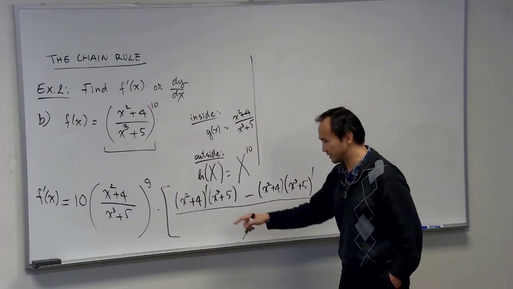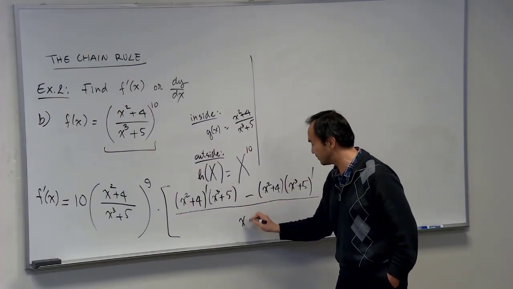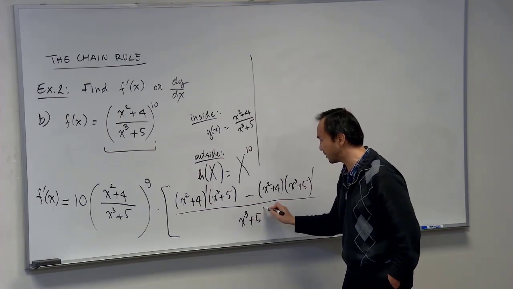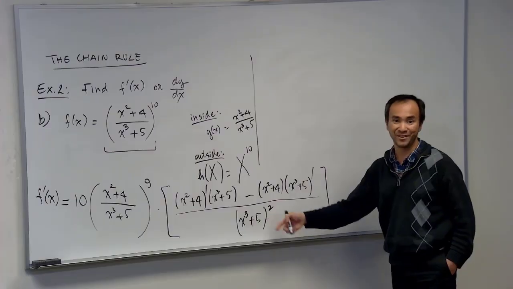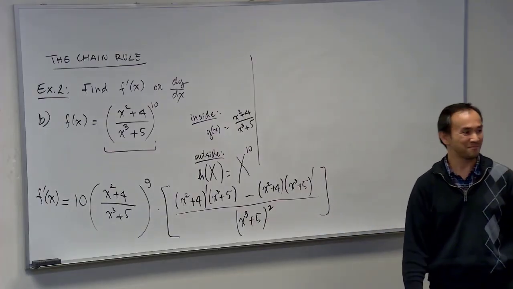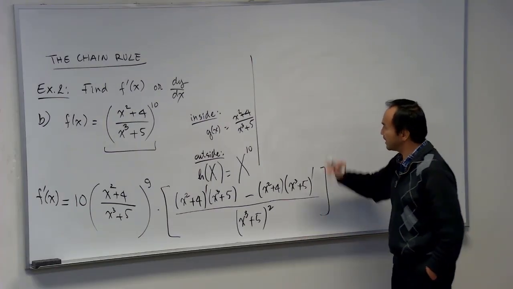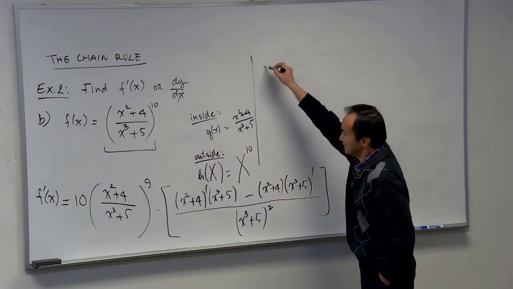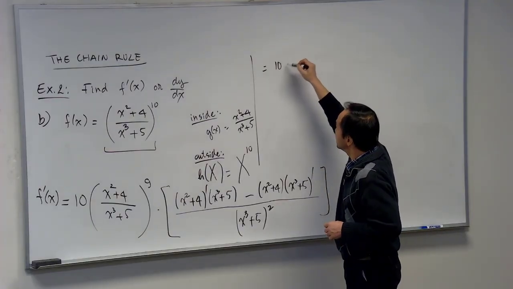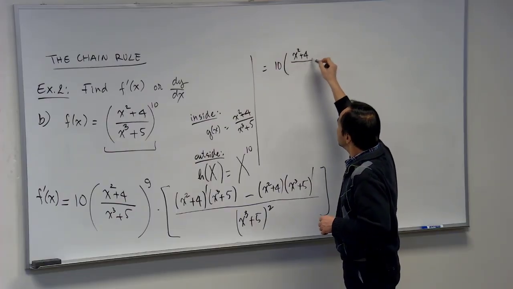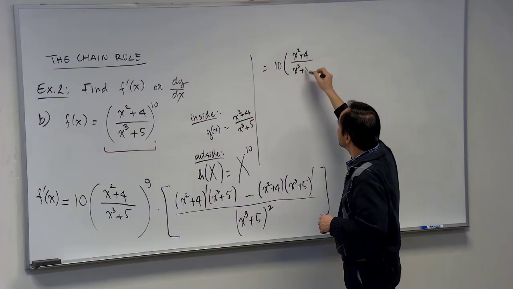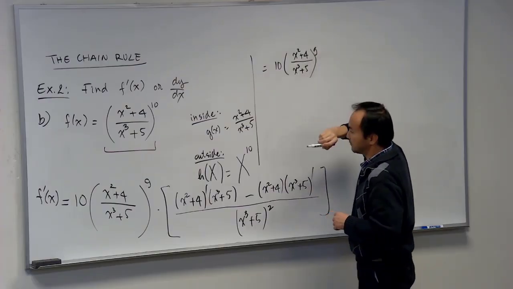The quotient rule says we put in the denominator the square of the original denominator. We good with that? In my next step, I'm going to leave that 10 and the big thing, x squared plus 4 over x cubed plus 5, to the 9th power by itself for now.